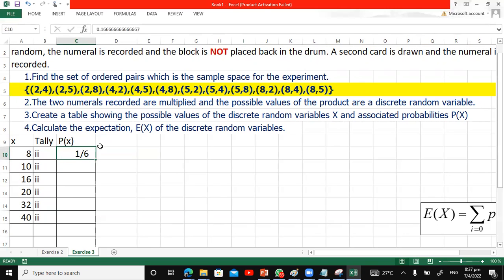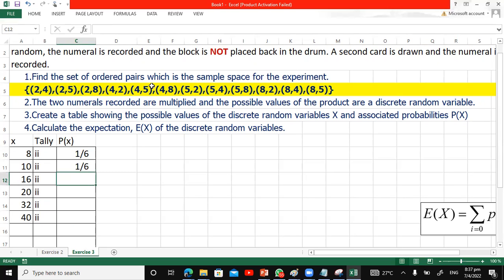Probability of getting an 8 is 2 out of 12. It's fine. 1 over 6 is the same thing as 2 over 12. I just wanted to keep it as 2 over 12, but it's okay. Probability of getting a 10 is going to be 2 out of 12, same thing as 1 over 6.